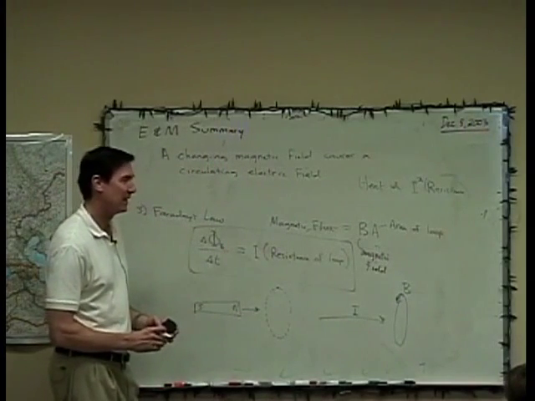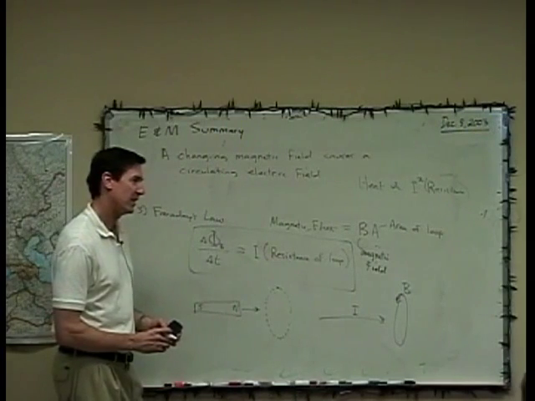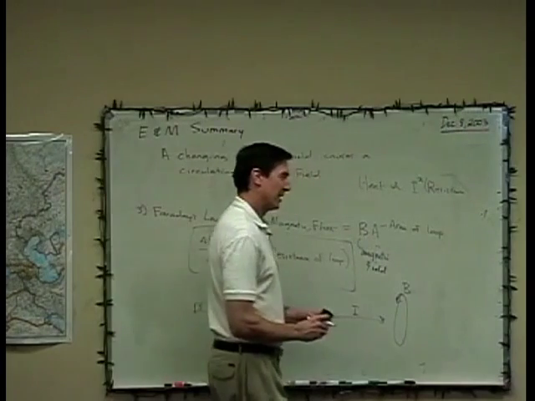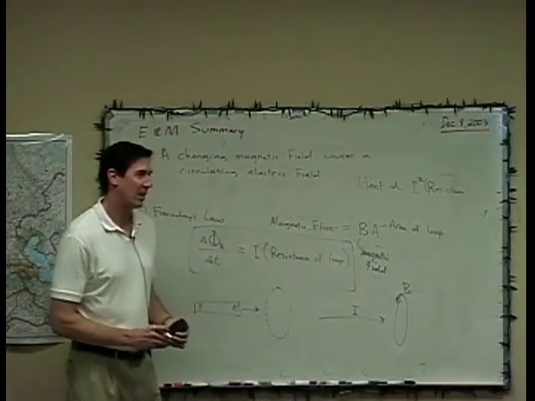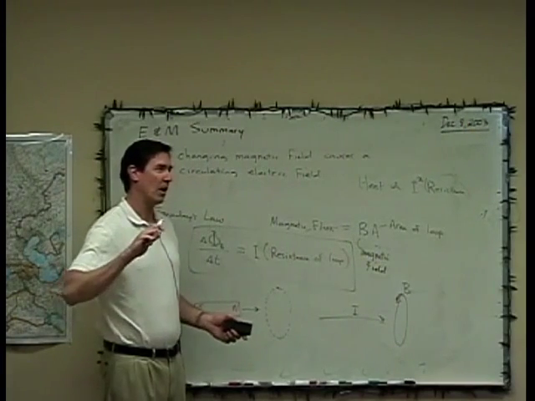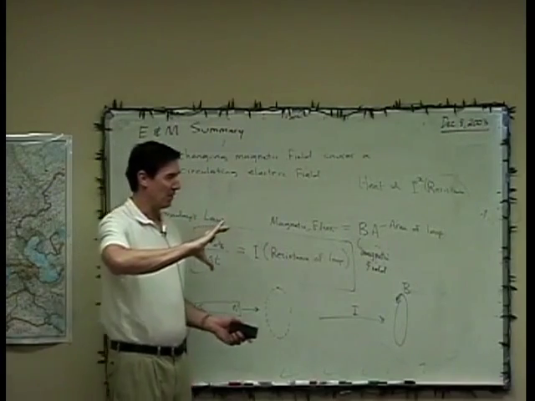Would that mean, how you're telling us that the Earth's magnetic field is going to switch? Is that going to create a circulating electric field that's really big? Oh, because of the change in the magnetic field.